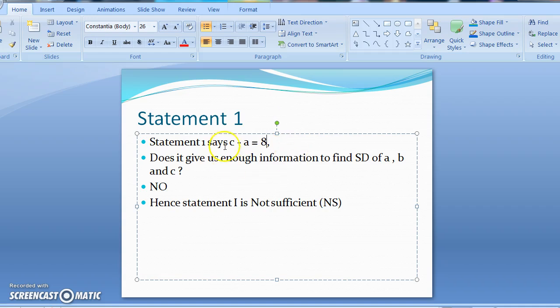So information about B is missing, and hence this statement will not be enough to tell us anything about the standard deviation of A, B and C, and hence we won't be able to compare it with 4, 8, 12. Hence statement 1 is not sufficient to answer this question. I hope that's clear. Right, C minus A is 8, gives us information about A and C, but there is no information about B. We cannot deduce or infer anything about the SD of A, B and C.